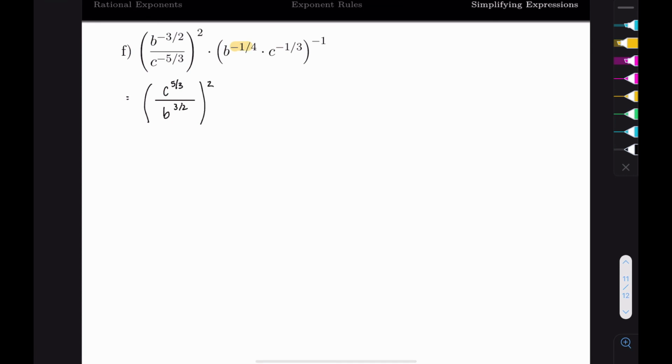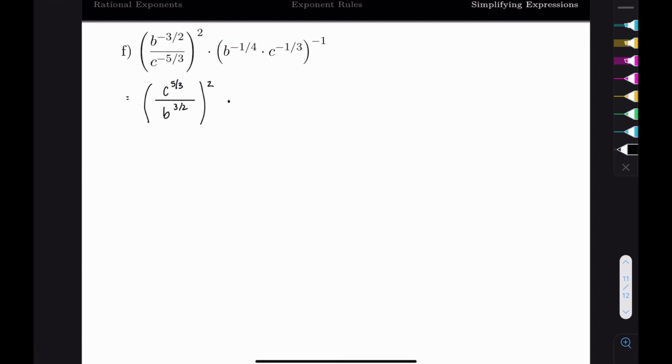And now here, they also are both negative, but since they're being raised to a negative power, I'm not going to worry about flipping those, because that'd be a lot of flipping that has to go on. Instead, what we can do is distribute this exponent to both pieces, and it would be multiplication.